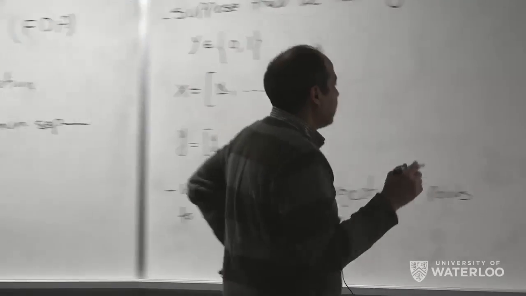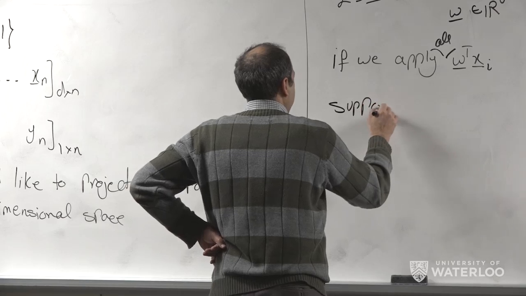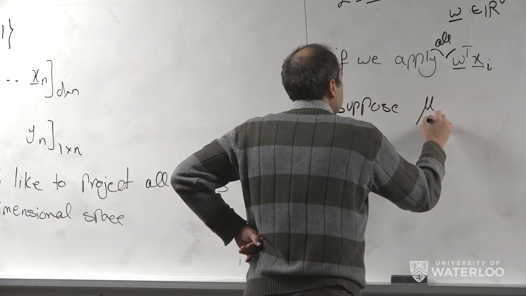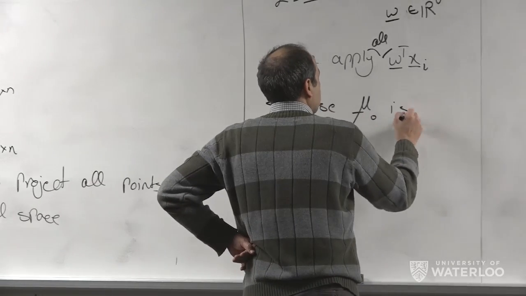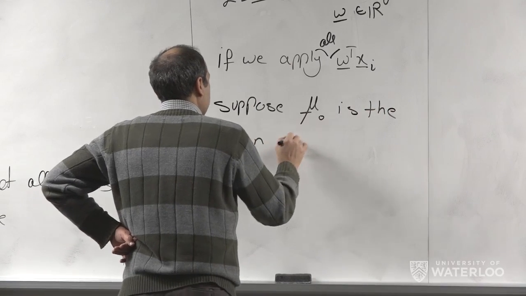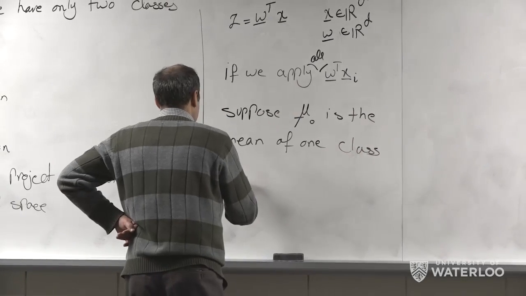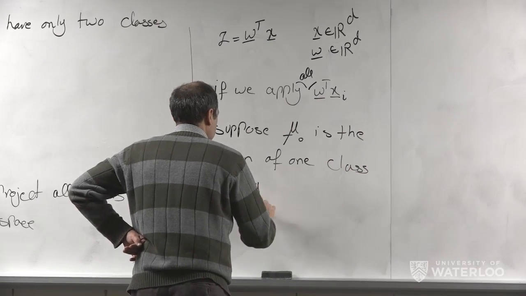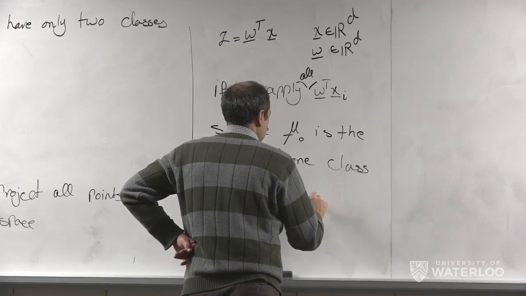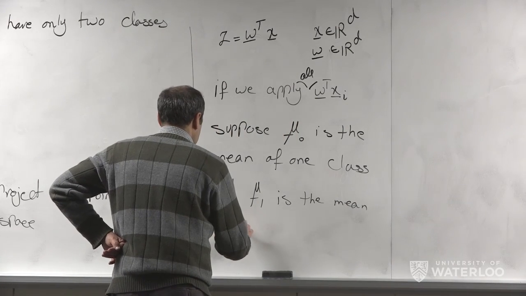So suppose that mu0 is the mean of one class, and mu1 is the mean of the other class.